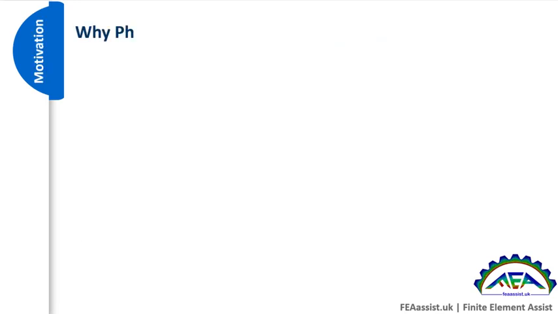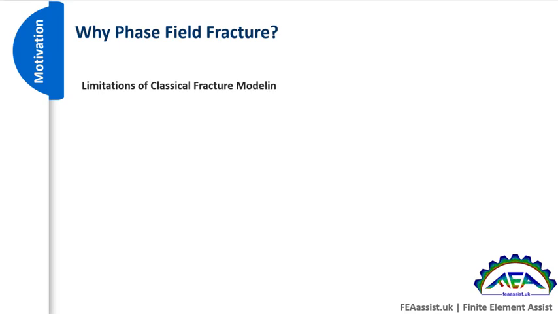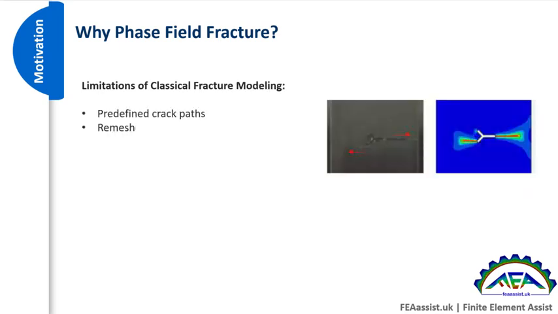Before editing, let's ask this question: why phase field fracture? Classical fracture modeling approaches in Abaqus typically rely on predefined crack path or remeshing. For example, in this image, if we want to predict the experiments, we need to define a predefined crack and use finer mesh at crack tips, and due to this finer mesh we need a remeshing rule, and our results will be strongly mesh dependent.